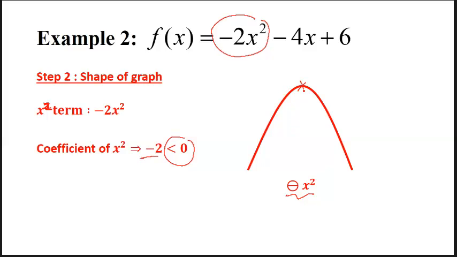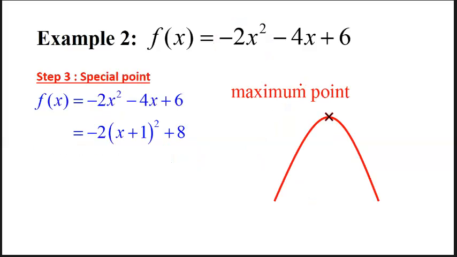With this sad face graph, we go to the next step to identify the important point, which here refers to the maximum point. We get the answer by referring to the function after completing the square. For the bracket term x plus 1, when x plus 1 equals 0, I have x equals negative 1, and this corresponds to the x coordinate of the maximum point.